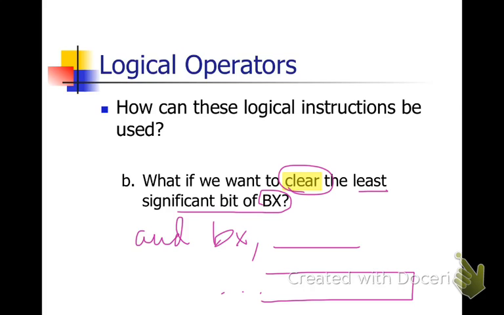It says for every 0 in the mask, clear the corresponding bits in the destination, all else leave unchanged. So the only bit in the mask that I want to be 0 is the least significant bit. So that's going to translate into a mask of FFFE. Okay? So hopefully making a little bit more sense as we go. Well, let's do one more.